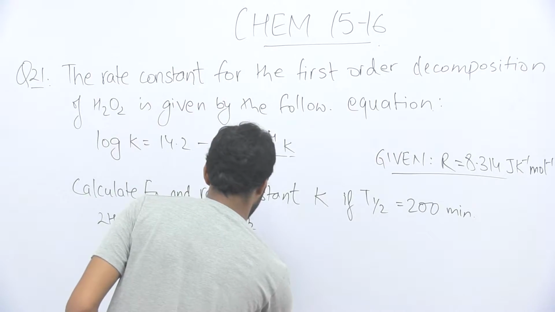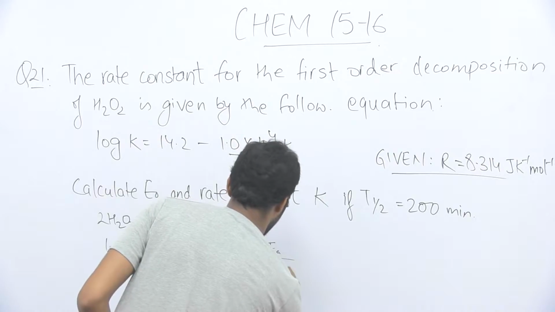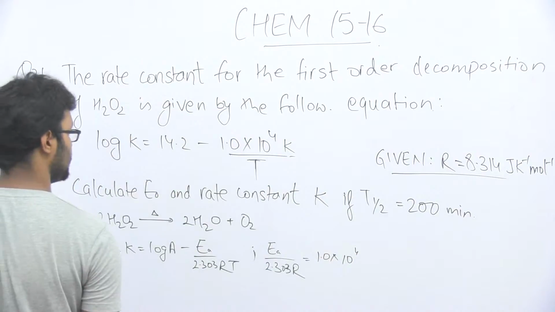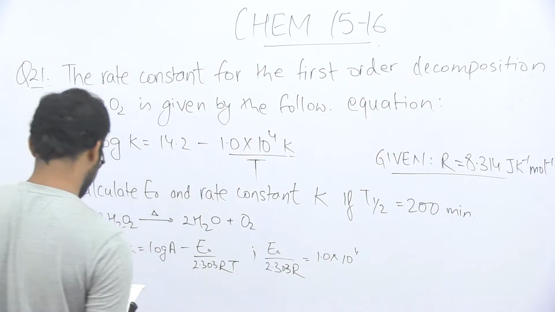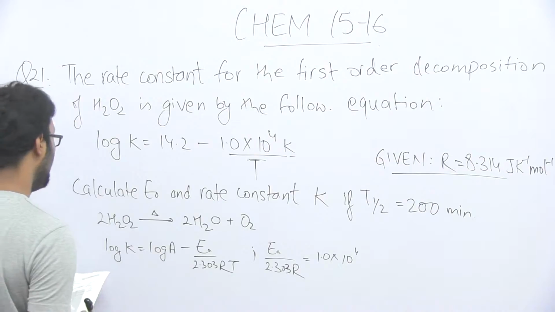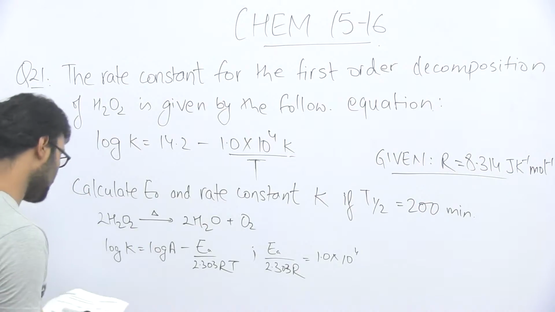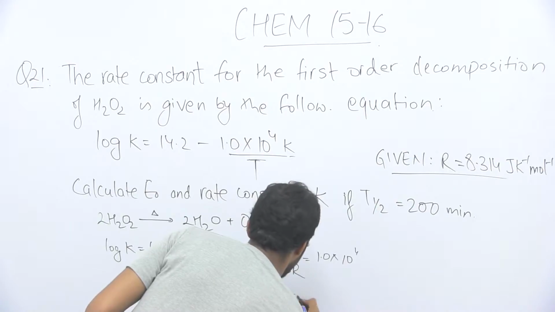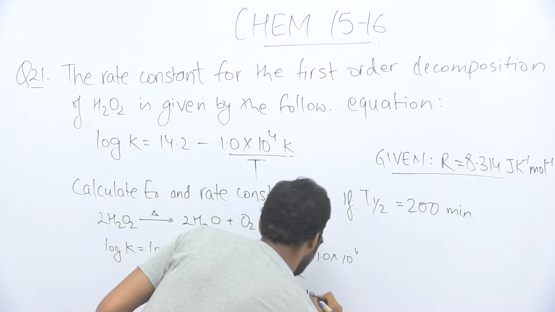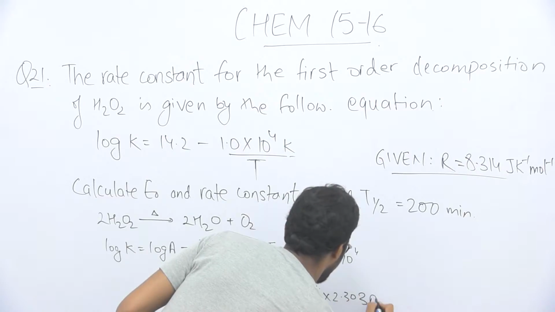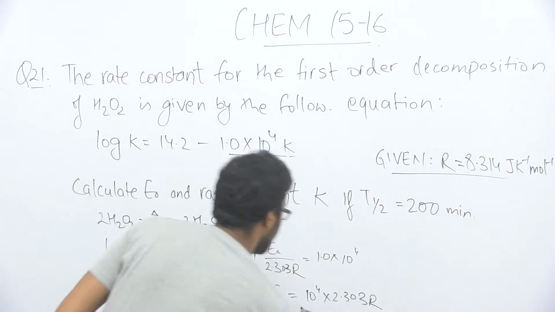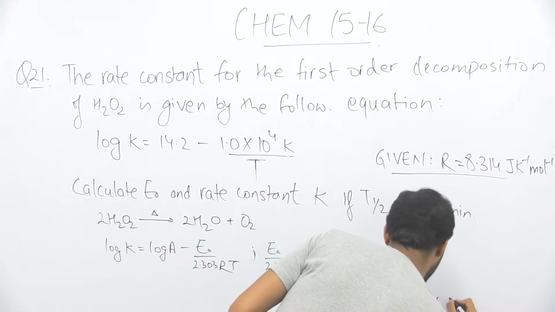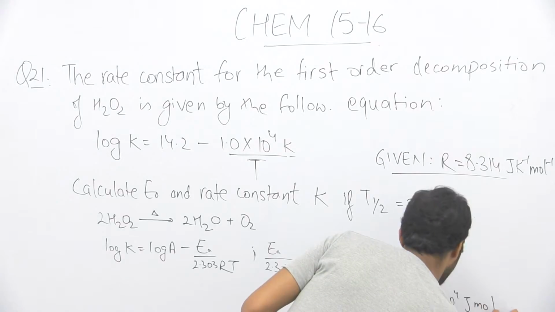So we get that EA over 2.303 R equals 10 to the power 4. Now the activation energy we can find from this: EA equals 10 raised to the power 4 into 2.303 R. This is the activation energy, and the value comes out to be 19.14 into 10 raised to the power 4 joule mole inverse.